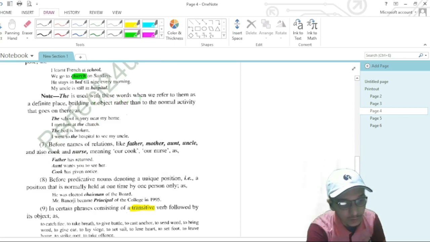The is used with these words when we refer to them as a definite place, building or object rather than to the normal activity that goes on there. "The school is very near to my home. I met him at the church."